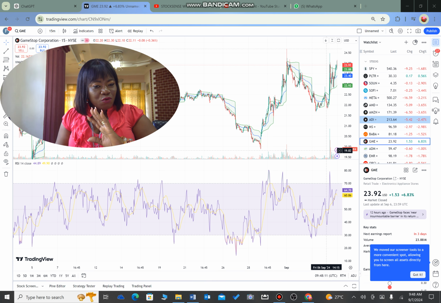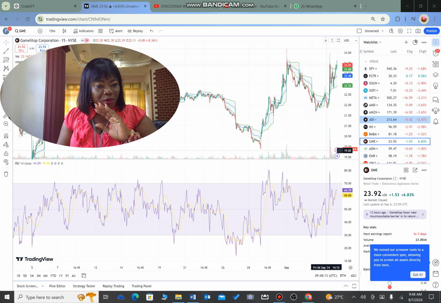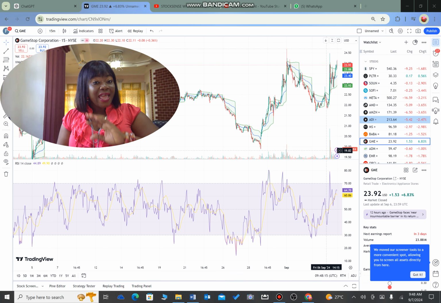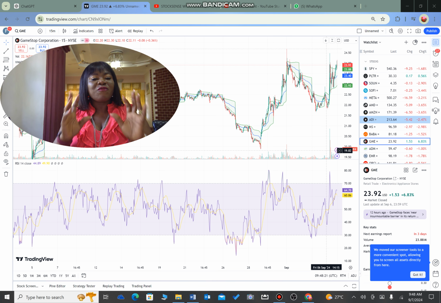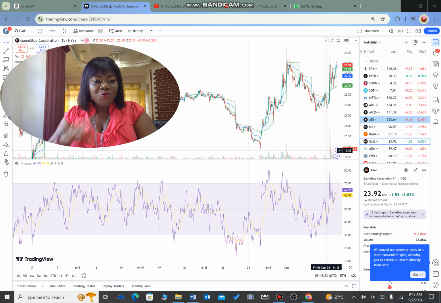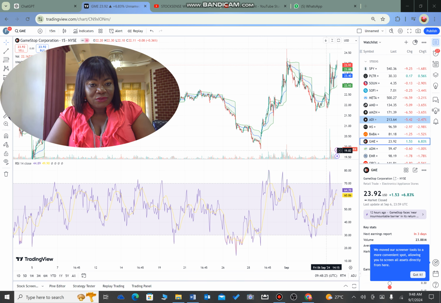Once you execute, once you enter into your trade, they execute your orders so fast. It also provides real-time data. You need a platform like this to be able to scalp options very, very easily.